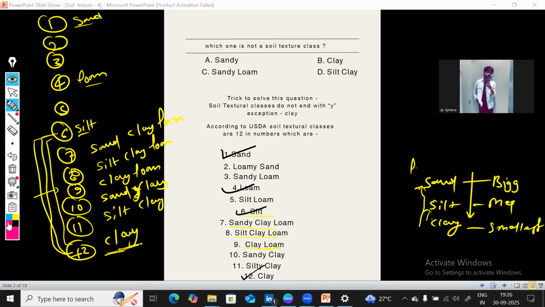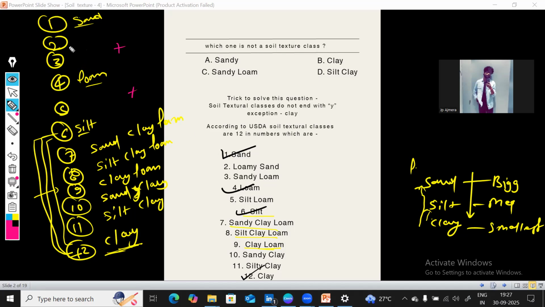Let me just tell you how we can remember all the things that are above. We'll just remember the sequence only. We will add them, but the sequence can be either way, front or back. Sometimes sand will be ahead, then sometimes loam will be ahead.